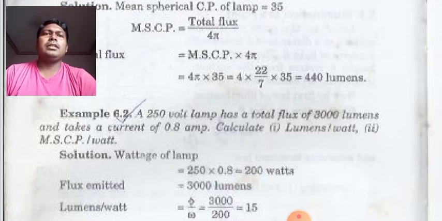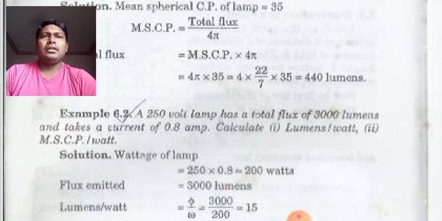The total voltage is 250, the total flux is 3000 lumens, and the current taken is 0.8 ampere. What we have to find out is lumens per watt and MSCP per watt.